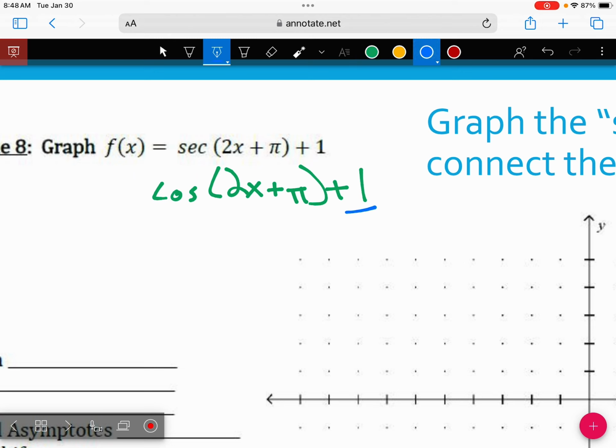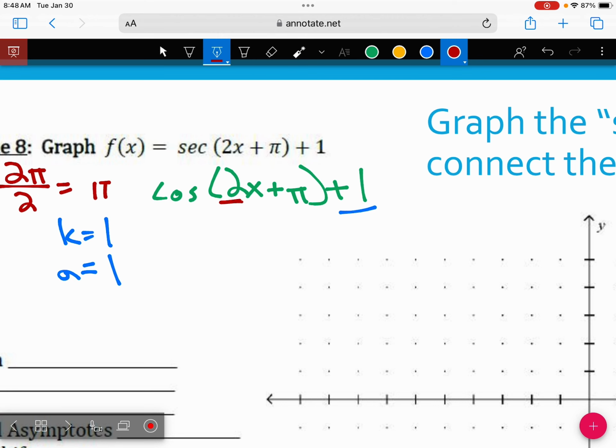So here, our k is going to be 1. What's the amplitude going to be? 1. Remember, if amplitude isn't there, we say it's 1, because it's multiplying the whole thing. So our k is 1, our amplitude is 1. Our period is going to be 2 pi divided by 2, because our b value is that 2.